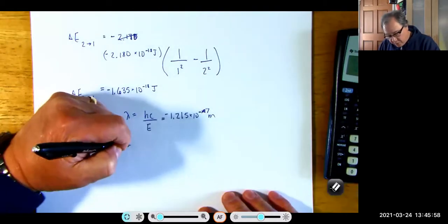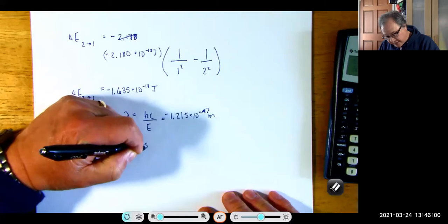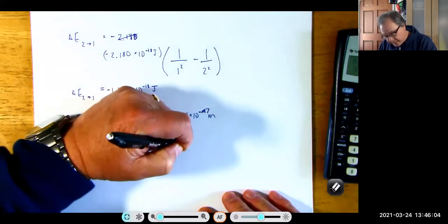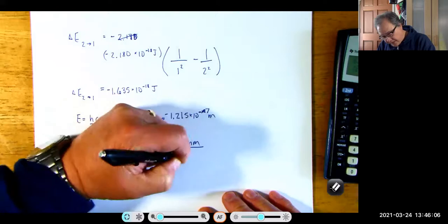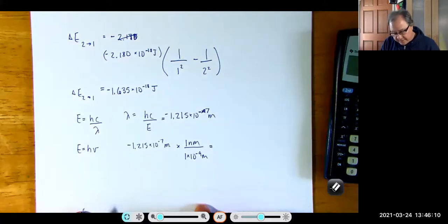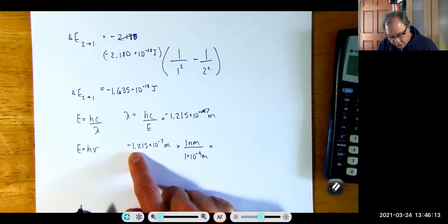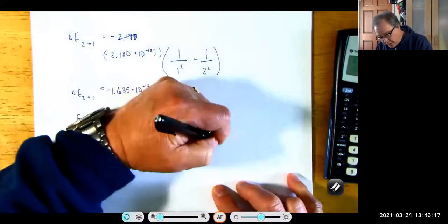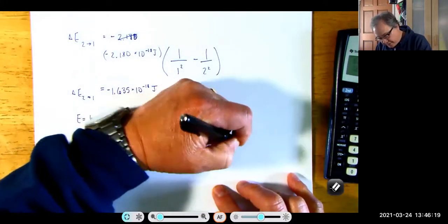So negative 1.215 times 10 to the minus 7 meters, we multiply by 1 nanometer over 1 times 10 to the minus 9 meters, we will end up getting 1.215 times 10 squared, which will be 121.5 nanometers.